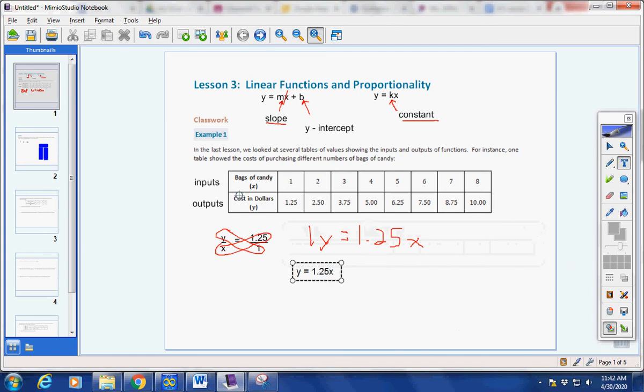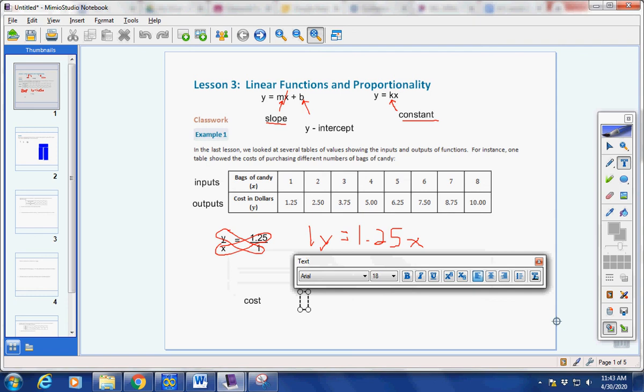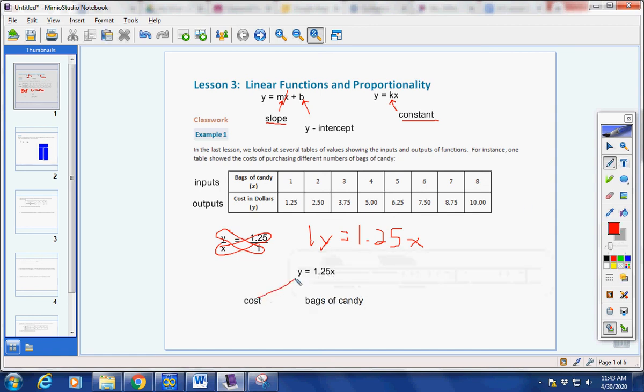So remember, our y here is our cost, and our x is the number of bags of candy. So the cost equals 1.25 times our bags of candy, the x.